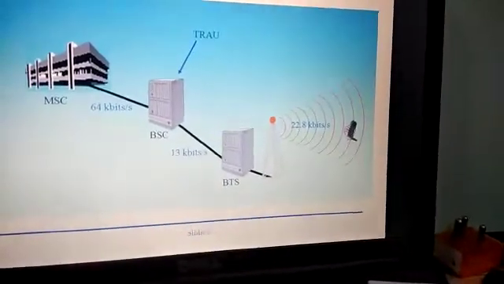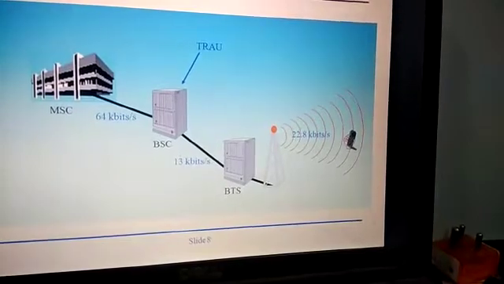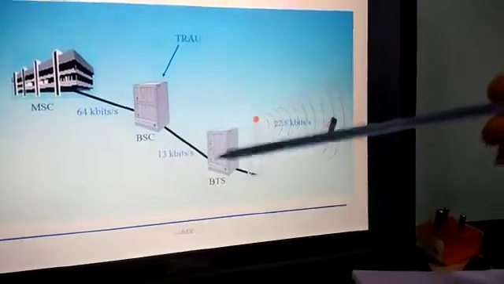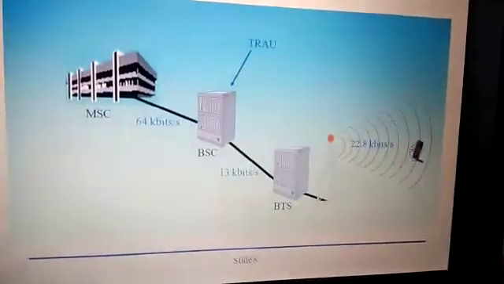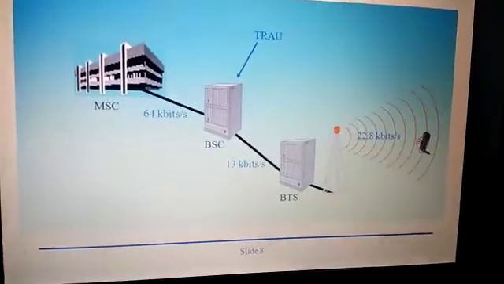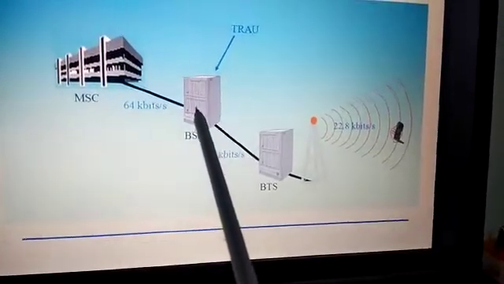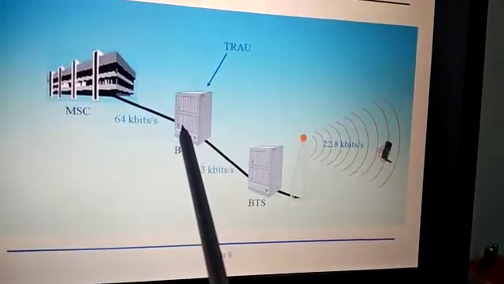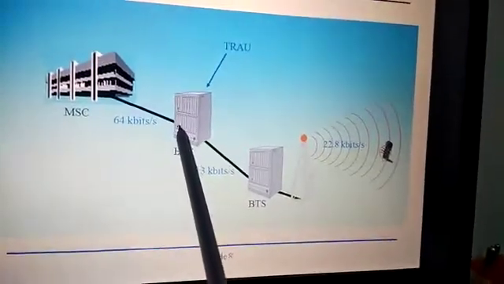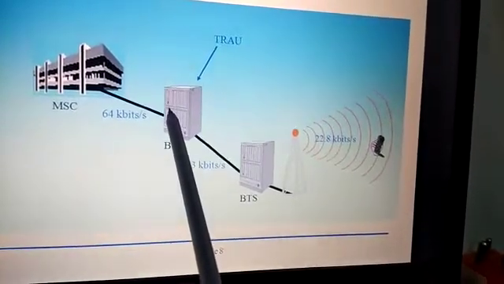The base station controller is in control of and supervises a number of base transceivers. The BSC is responsible for the allocation of radio resources to a mobile call and for the handovers that are made between base stations under its control.